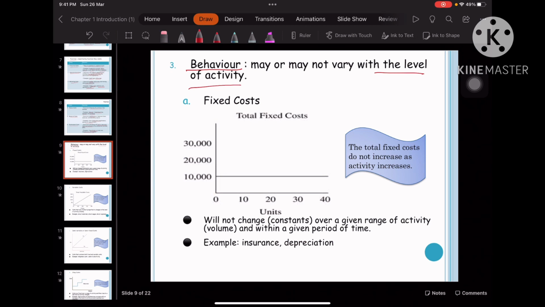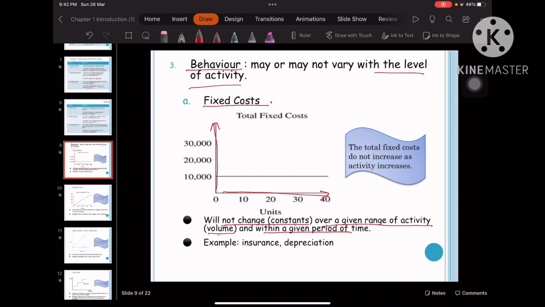All right, the first one we are going to look at is the fixed cost. So what is the meaning of fixed cost? It means that the cost will not change or is going to be constant over a given range of the activity or the volume or the unit within the given period of time. So this is the graph.